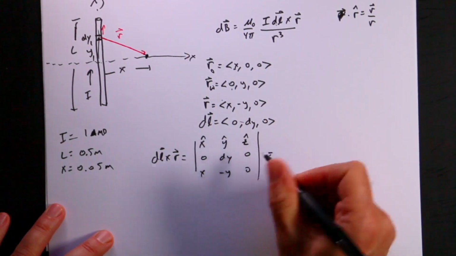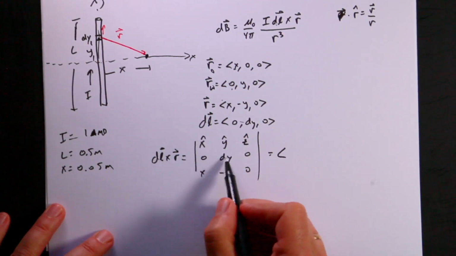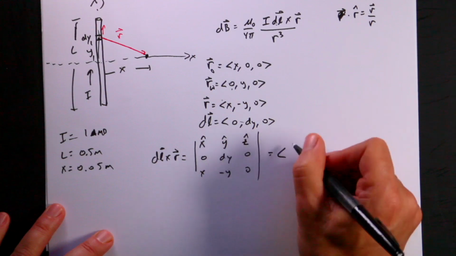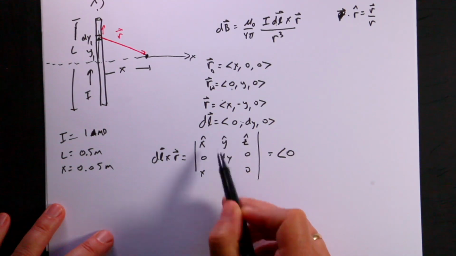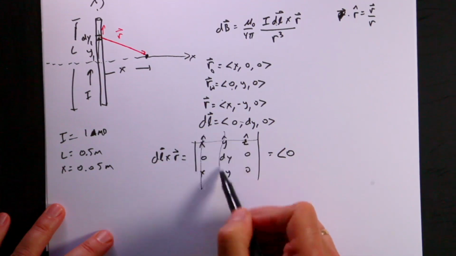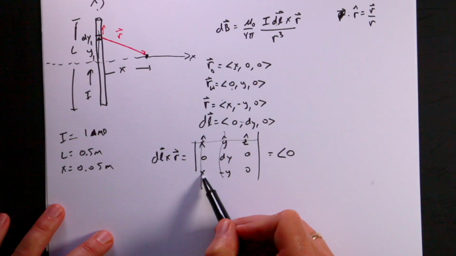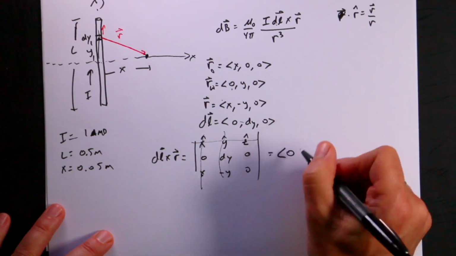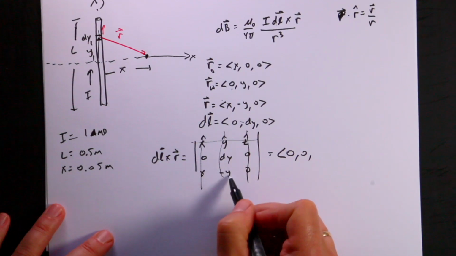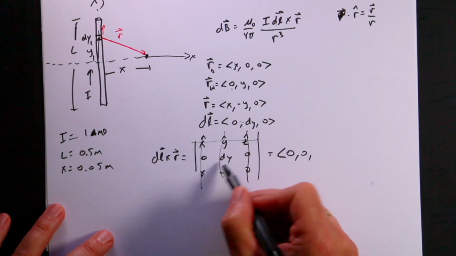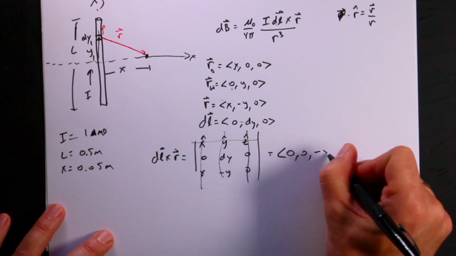Now I take the determinant of that, I get x hat, my first component, it's going to be dy times 0 minus 0 times negative y, which is 0. Then I get this term, I'm expanding about this row. This term, it's a negative, right? So I actually have 0 times x, which is 0, minus 0 times 0, so it's 0. And then I have the z term, it's going to be 0 times negative y, gone. But I do get this term, minus, x dy.